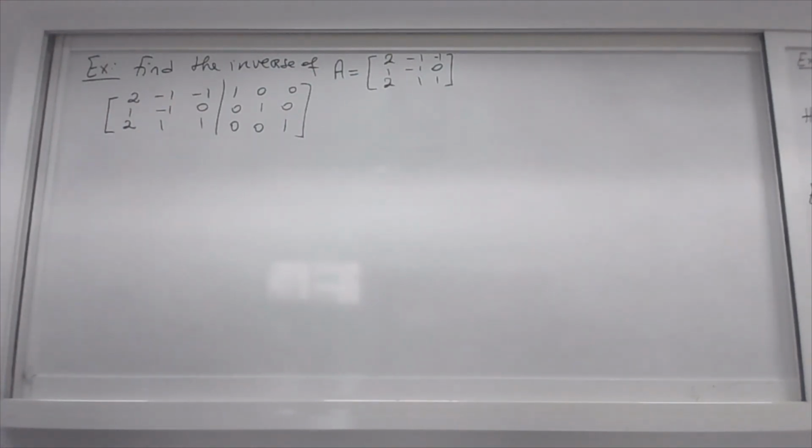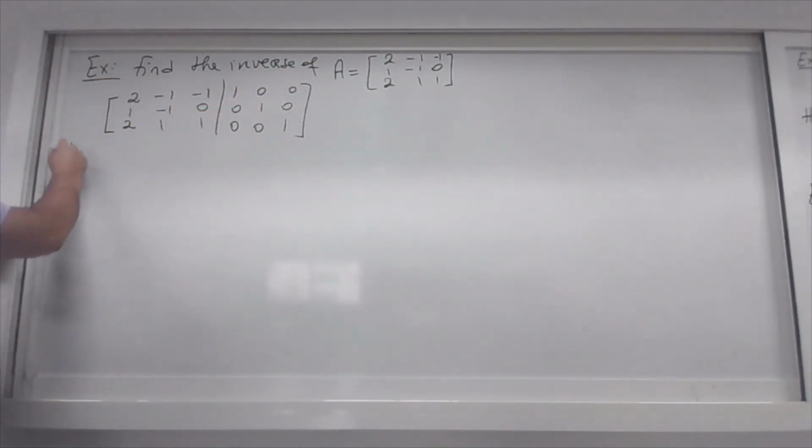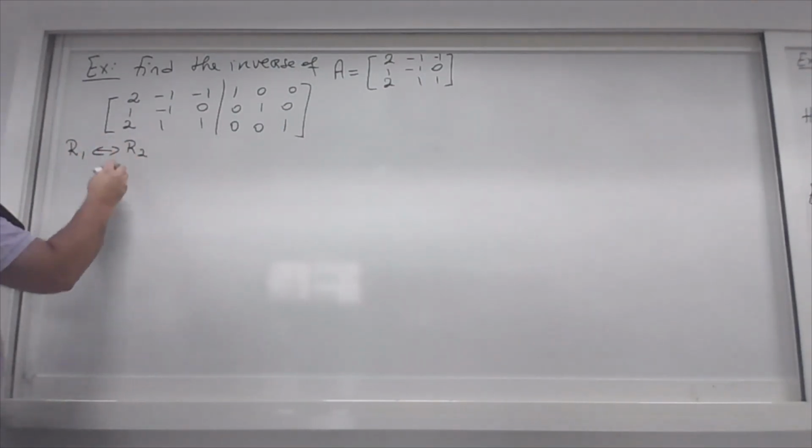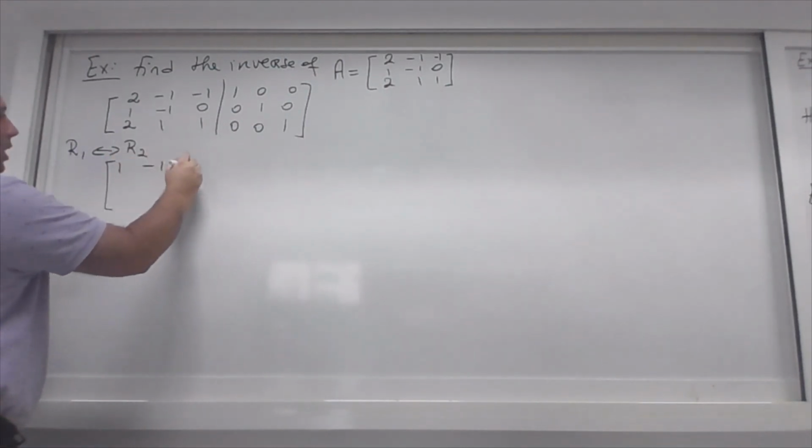That's legal, that's no problem, but I don't like fractions. They complicate our life. So what I'm going to do is swap row 1 and row 2, because at least that way I will generate 1 in the corner.